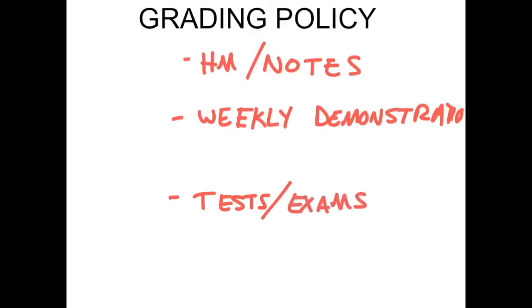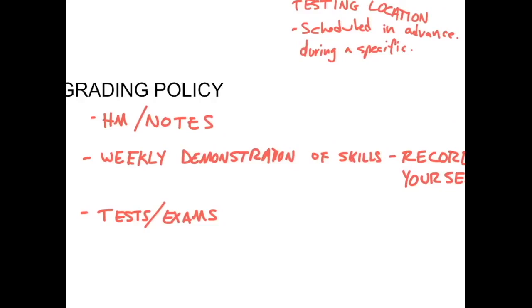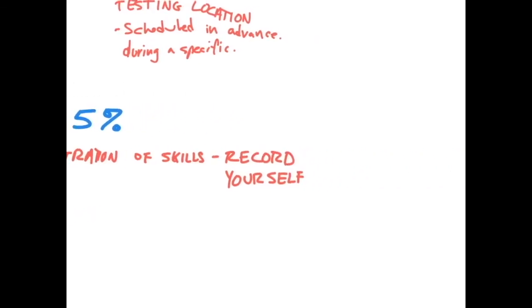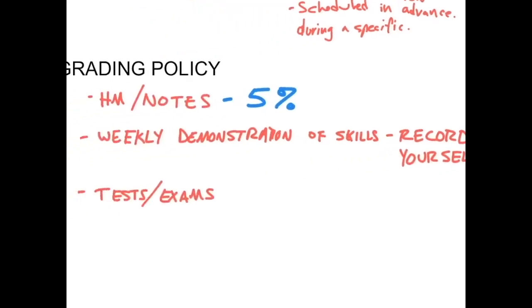Now, within each of these, your homework and your notes account for 5% of your grade. This is weighted. The weekly demonstration of skills, when you record yourself, is a whopping 35%. Tests and exams are going to be 60%.